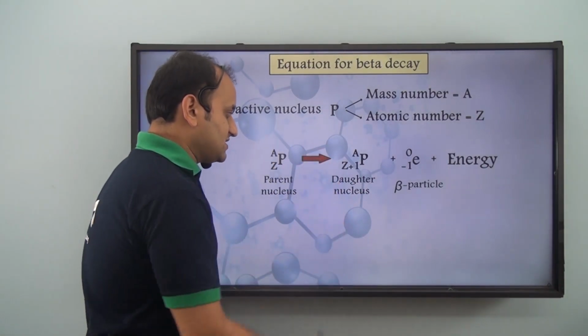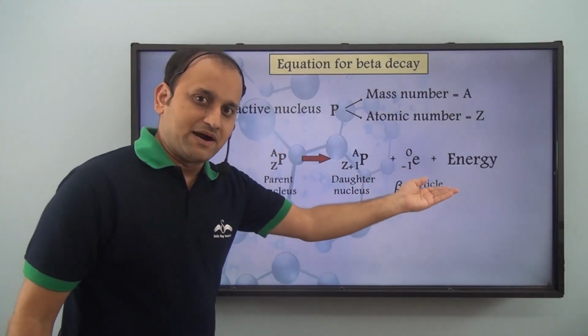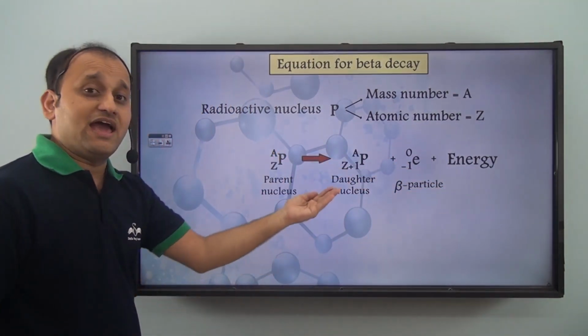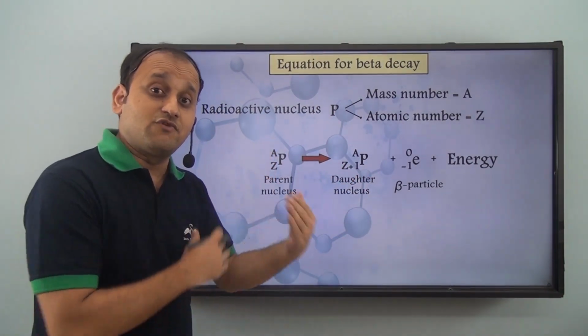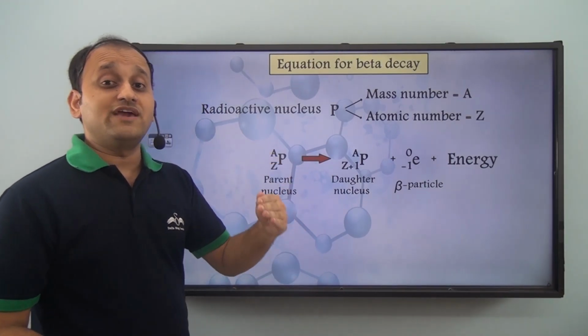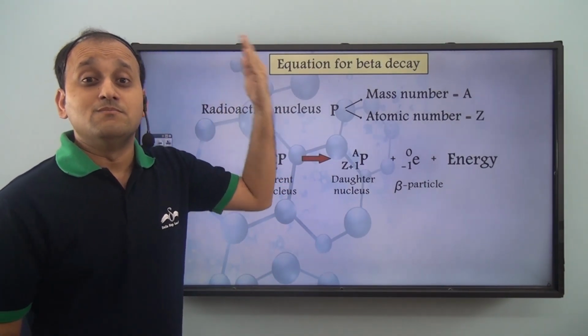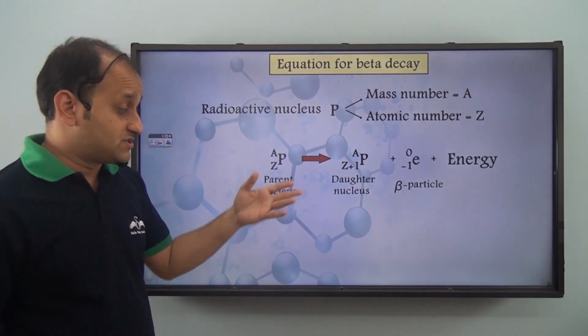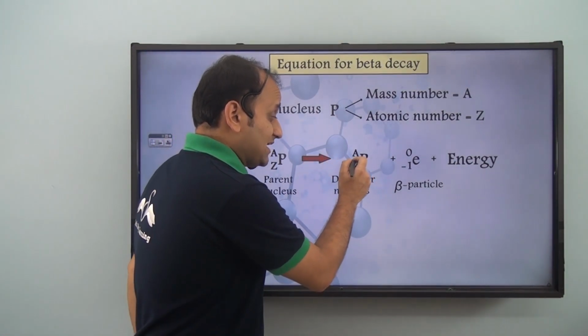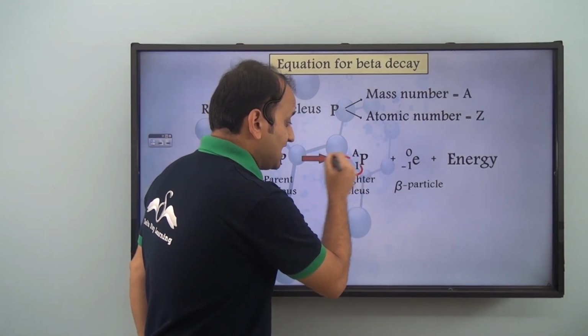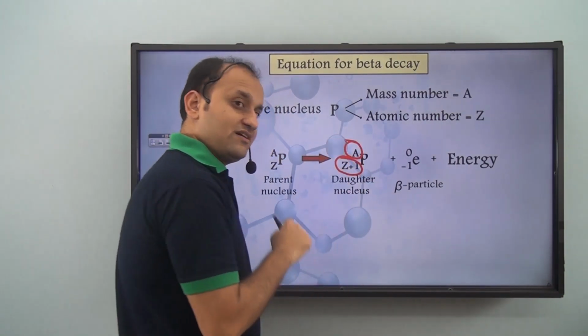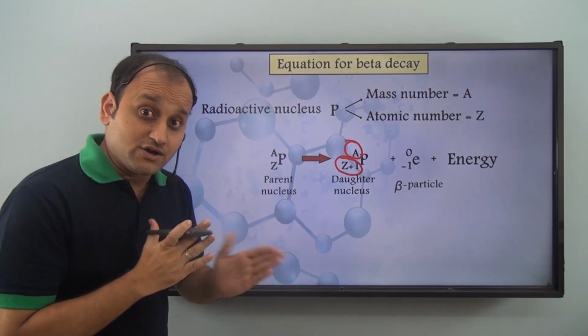We have a parent nucleus whose mass number is A and atomic number is Z. It undergoes beta decay to give a beta particle, and along with it we have a new nucleus because a neutron has converted into a proton. So now we have one proton more than the original nucleus. So now we have Z plus 1, the atomic number has increased by 1. The mass number remains the same because the number of nucleons remains the same.